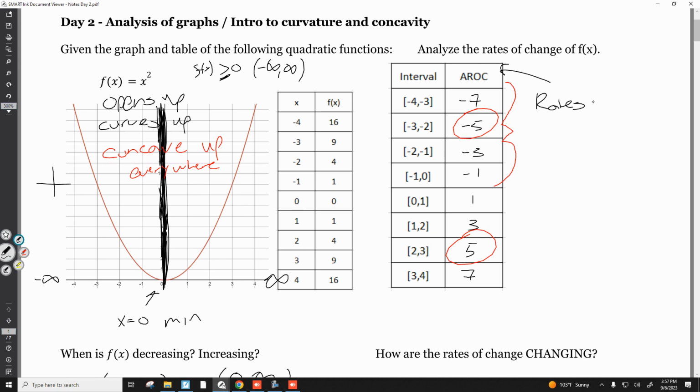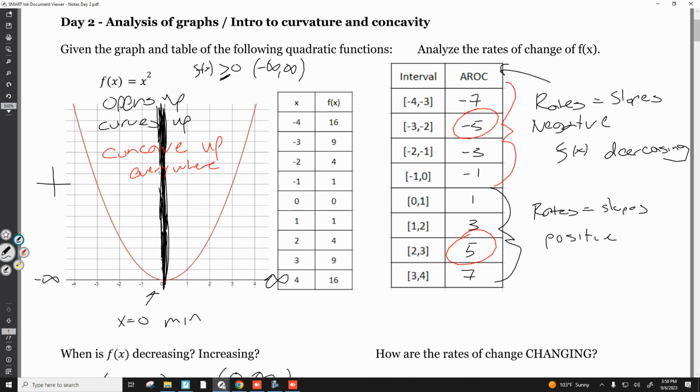Slopes are negative, your function is decreasing. When rates are negative, functions decrease. When rates are positive, when our rates, which are our slopes, are positive, our function is increasing.